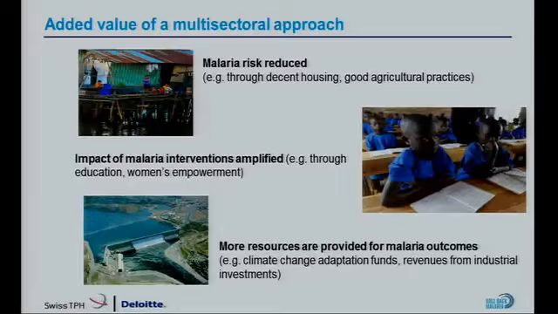And that finally more resources could be provided for malaria outcomes when sectors outside of health were engaged through, for instance, climate change adaptation funds or revenues from industrial investments being routed to fight malaria.